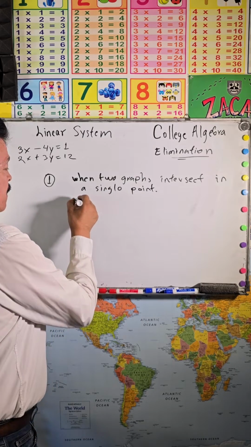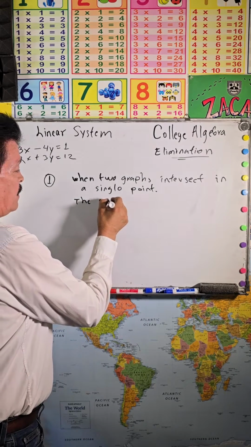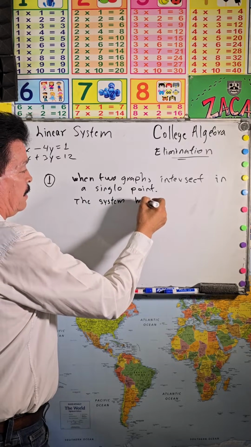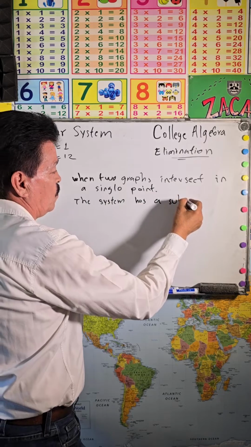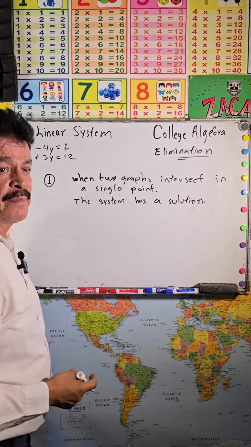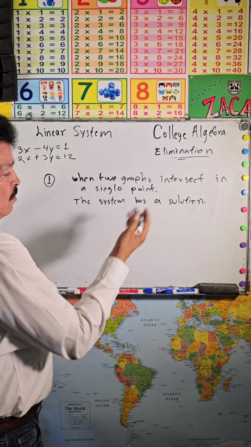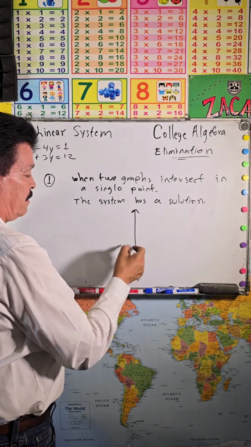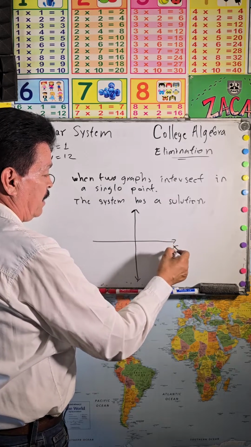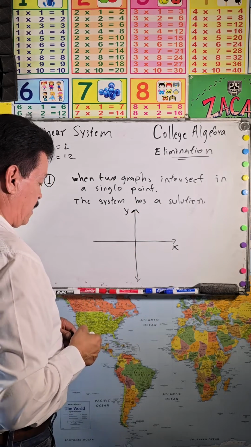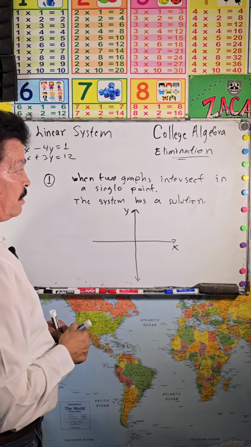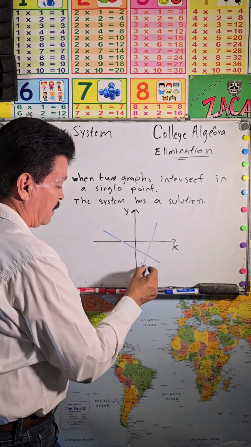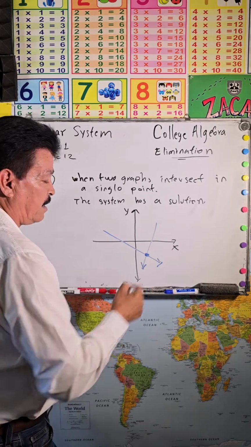In this case, the system has a solution, okay? For instance, if you have this graph, like here, x and y, the graph has a solution when you have the graph like this, intersecting at this point.